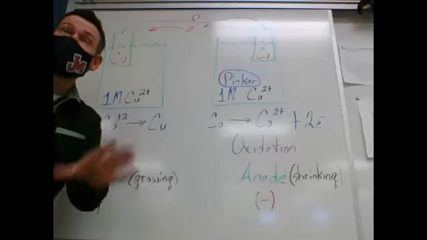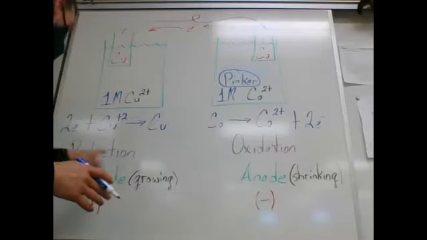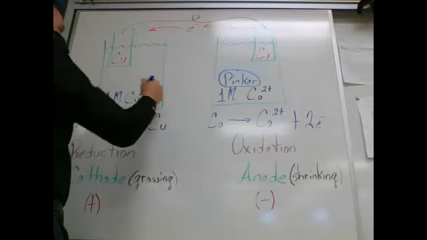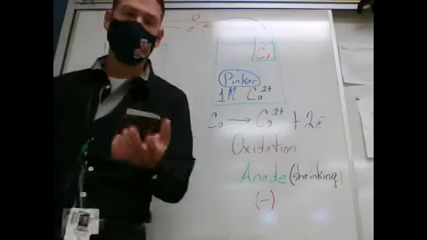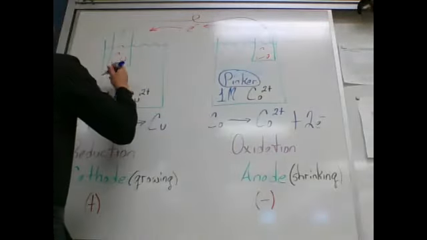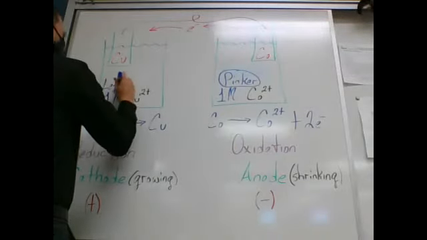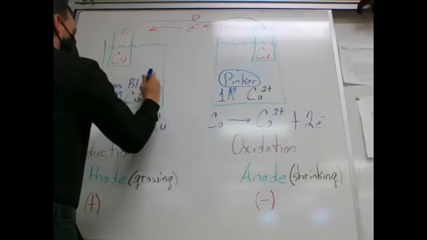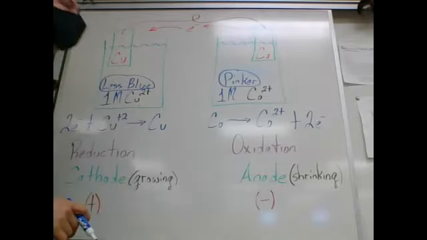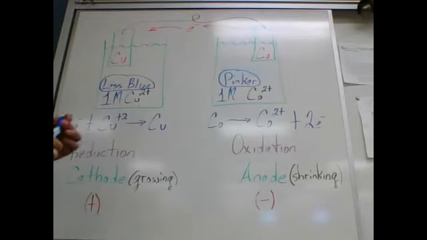Therefore, less ion is going to be present in the cathode, because the electrons are getting rid of the ion. So what would we expect that color to be? I'm going to call it less blue, because we're losing the color there.